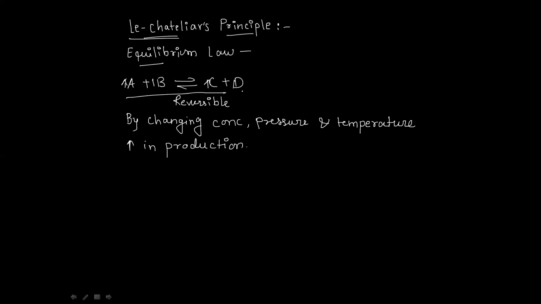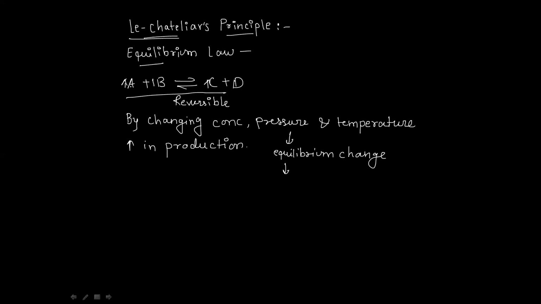So Le Chatelier's principle states that when you change concentration, pressure and temperature, the equilibrium is changed. What will happen? Now the reaction will change itself, that is, the equilibrium will shift in that direction where the effect caused by these changes is nullified.